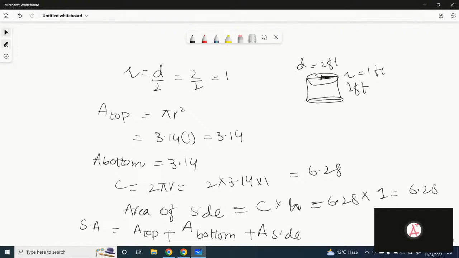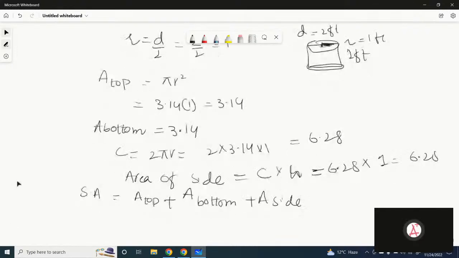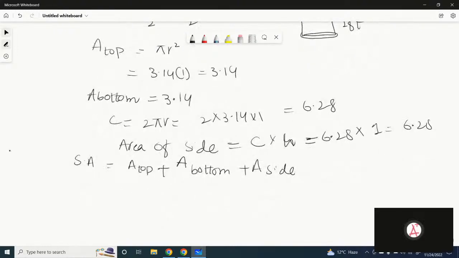Got it? Add up all the values. They are 3.14, 3.14, and 6.28. 3.14 plus 3.14 plus 6.28. Let me just use the calculator and add up all the values. It would be, I think, 12 point something. 3.14 plus 3.14 plus 6.28. It would be 12.56. Got it?